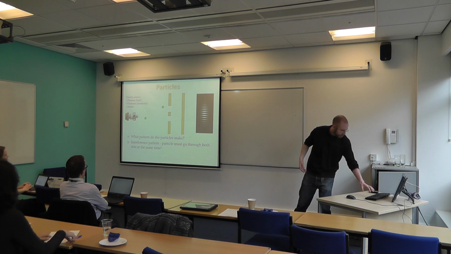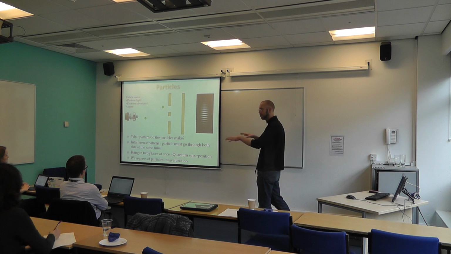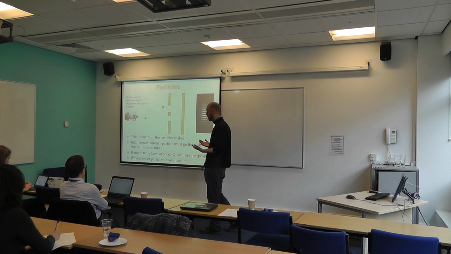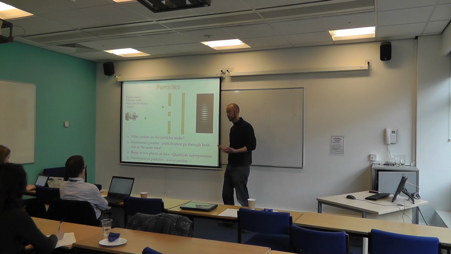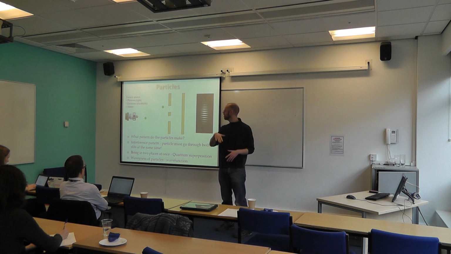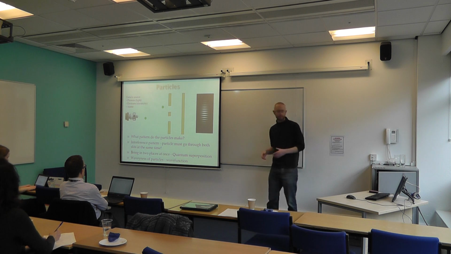And this is where we get the concept of quantum superposition, being in two places at once. And we also know it's a wave. We've got an interference pattern, which we know means we're dealing with a wave, not a lump of something. So we call the waviness property of these particles its wave function.